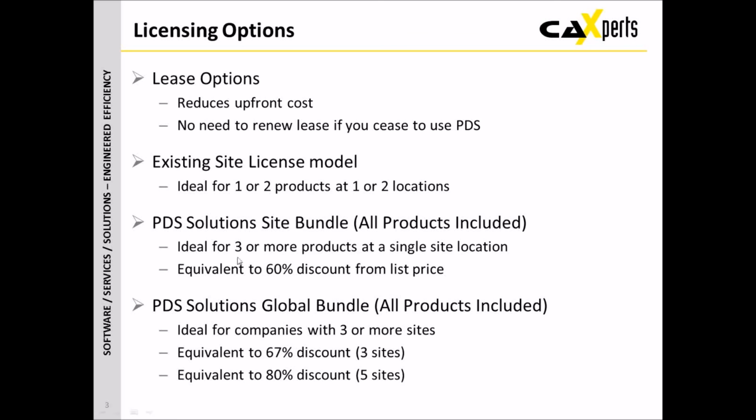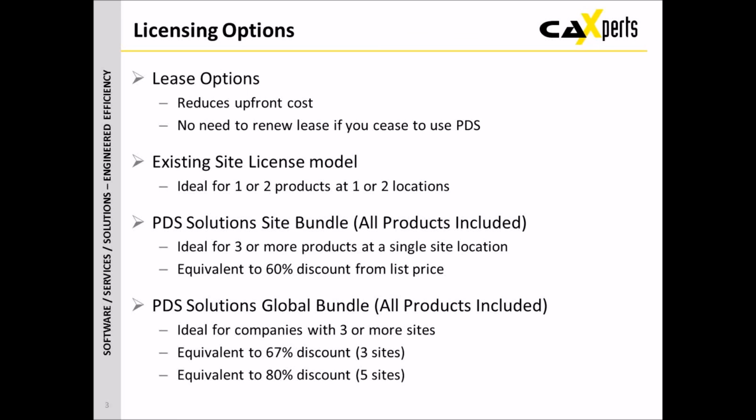So when we start thinking about a requirement for 3 or more products at a single site location, we've bundled all of those products together as a single bundle. And we offer that then at an equivalent discount of 60% from the list price. So that makes it very attractive from a pricing point of view.